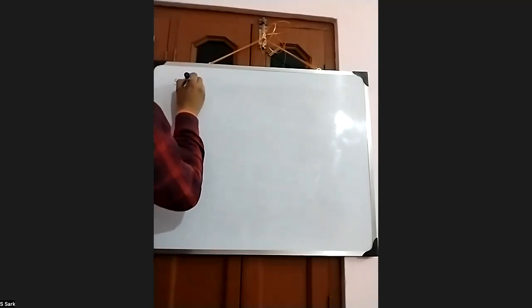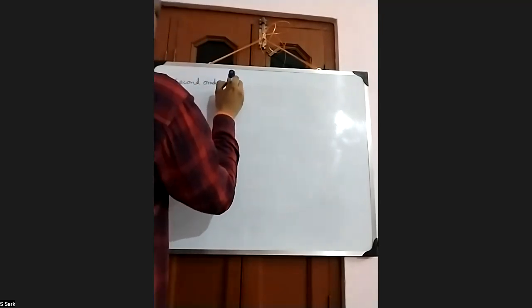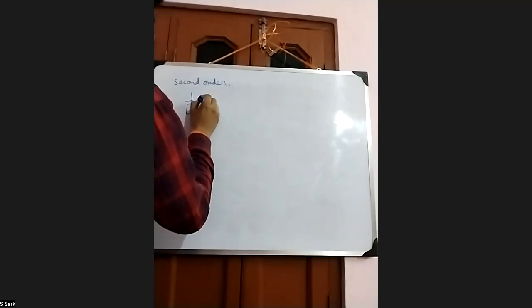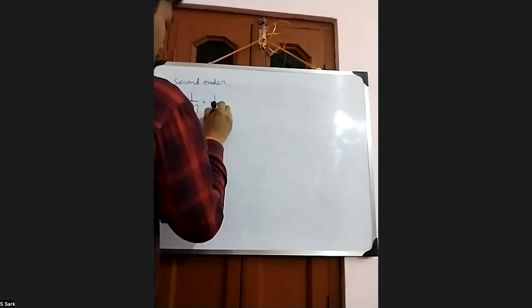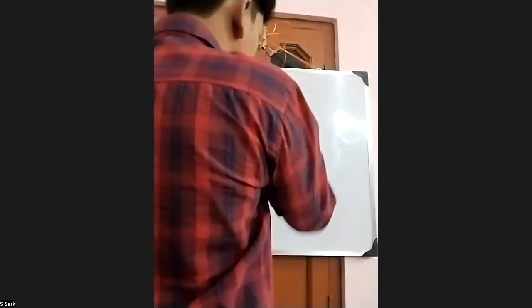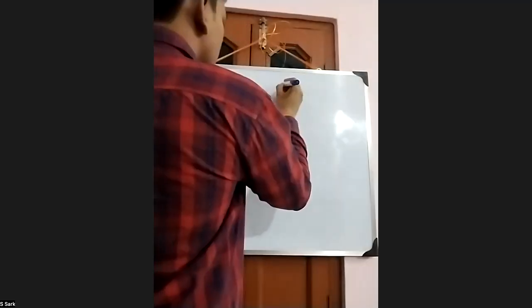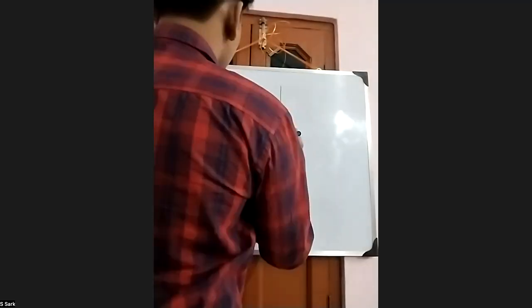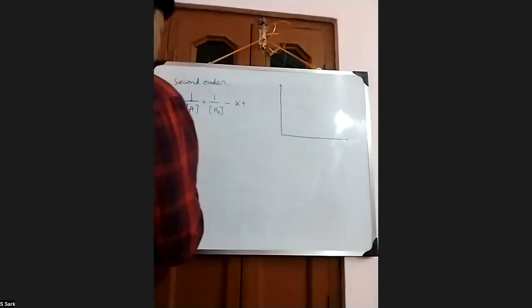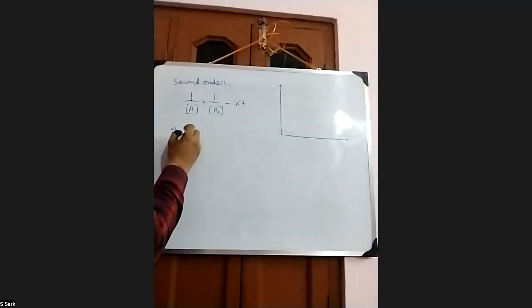This is the rate equation, and the graph of concentration 1 by A versus t will look like this, as minus k is the slope and 1 by A0 is the intercept.